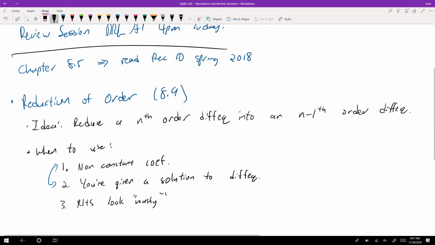But usually what happens is that you'll use reduction of order to get rid of those bad-looking diffeqs. So this is what I'm going to do today. This is what I did on Wednesday. So if you have a friend in the Wednesday class, you can look at what they have for their notes there.